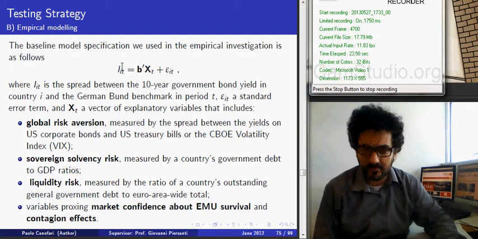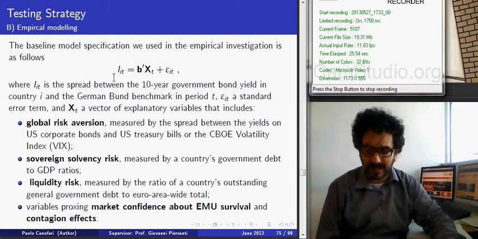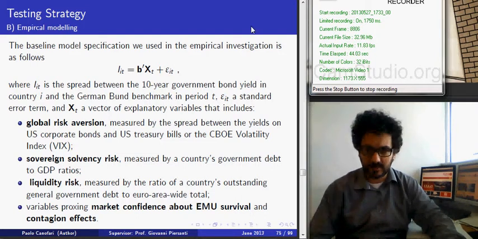This means that we are considering panel data, because we have two dimensions of variability, which are in time and in space between countries. X_it is the vector containing the explanatory variables.